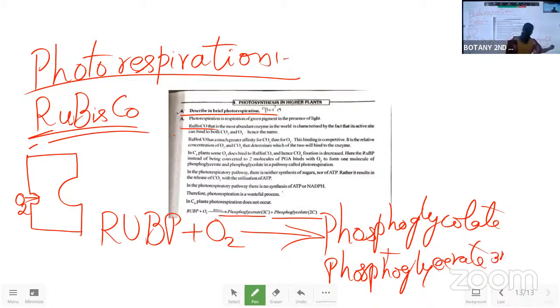This is a 3-carbon compound and this is a 2-carbon compound. So in this, two products are going to be formed. One is the phosphoglycolate, another one is the phosphoglycerate.